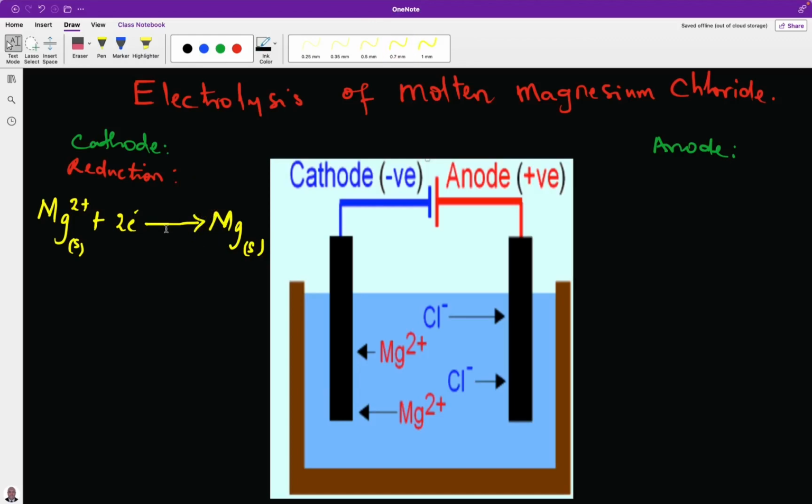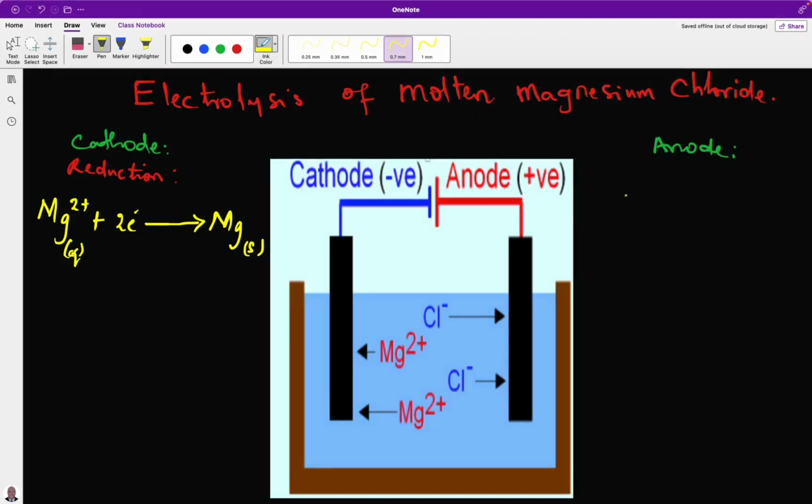Then at the anode, what is happening at the anode?